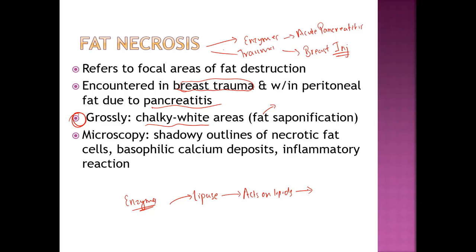This much detail you may not need. It acts on lipids and releases fatty acids, which combine with calcium. Fatty acid combining with calcium, this action is known as saponification.